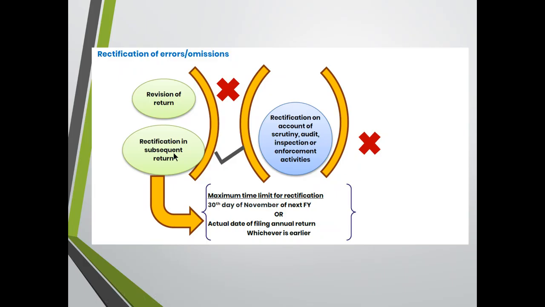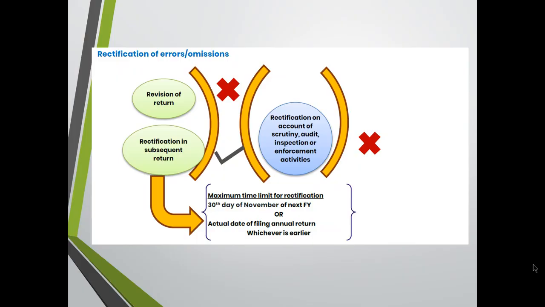Rectification in subsequent return means, suppose this month total turnover was 1 lakh, but you made a mistake and declared only 60,000 rupees. Can you rectify this month's return and re-edit it to 1 lakh rupees? The answer is no. What you can do is put that figure of 40,000 as rectification.